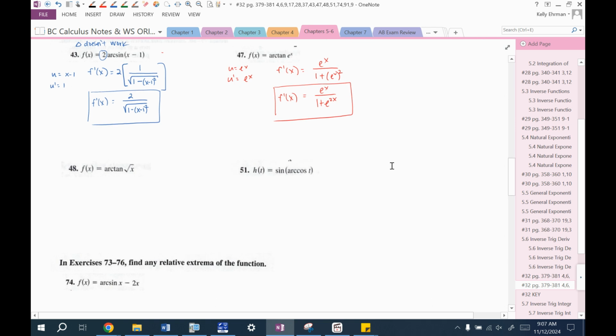All right, what about this one? So u is going to be square root of x. What's du dx, or what's u prime? This is x to the 1/2, so it's 1/2 x to the negative 1/2, or let's just put a square root of x down there. All right, so f prime of x is equal to, this is arctan, so it's u prime, 1 over 2 radical x, over 1 plus u squared.